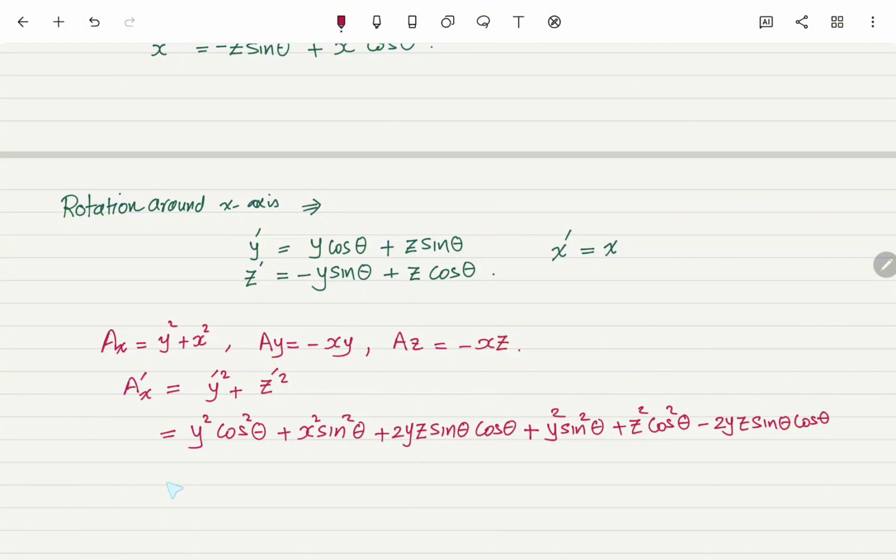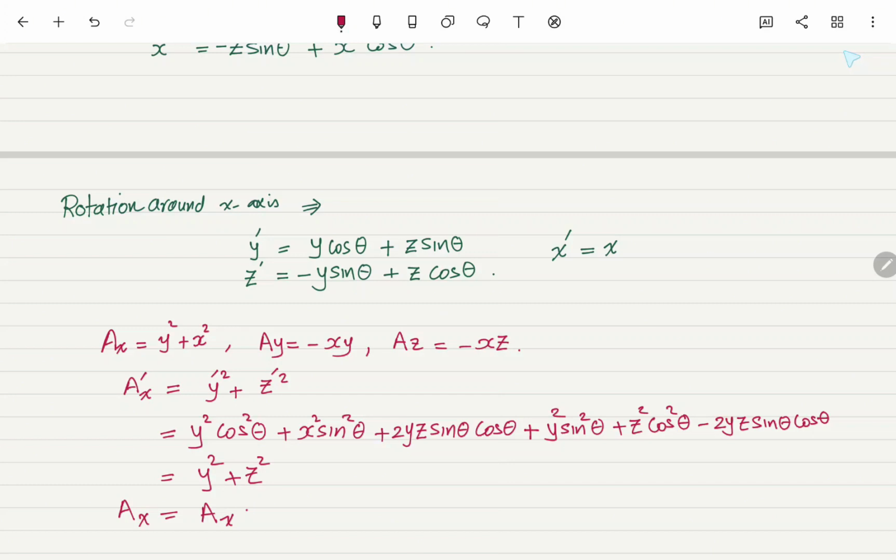So after all, we will just simplify this one here, y square plus z square. So ax prime is actually equal to ax. So the first point here satisfies the vector transformation.